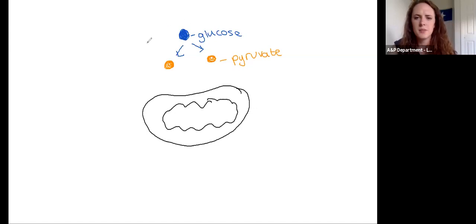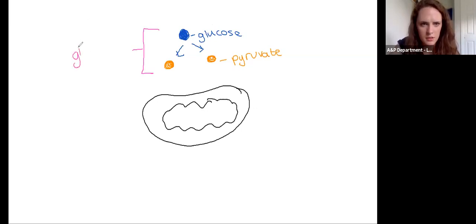Okay, this process is called glycolysis. That's a word that you're going to see a lot. So this is called glycolysis. Glucose breaking into two pyruvate molecules outside of your mitochondria is called glycolysis.